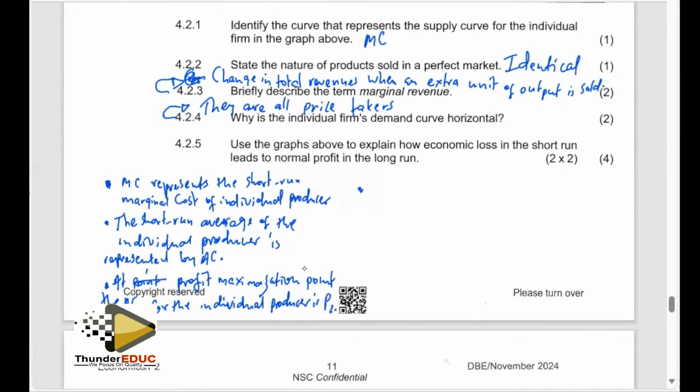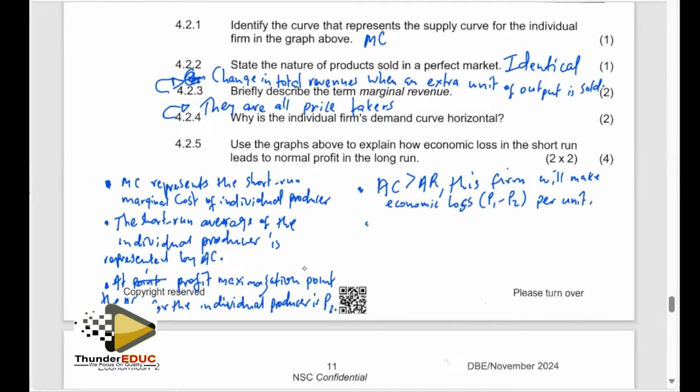Okay, right? We're also saying that AC is greater than AR. This firm will make economic loss, where we have P1 minus P2 per unit.